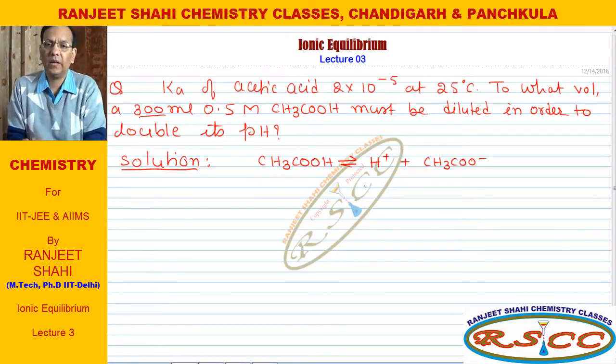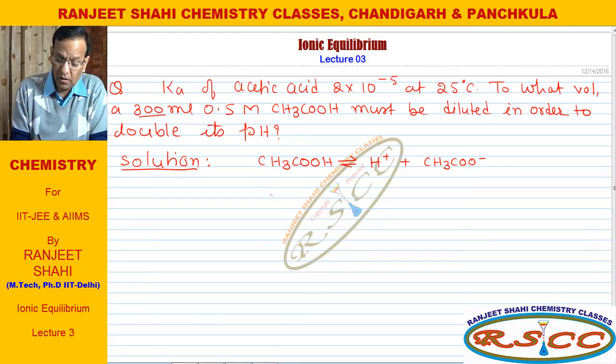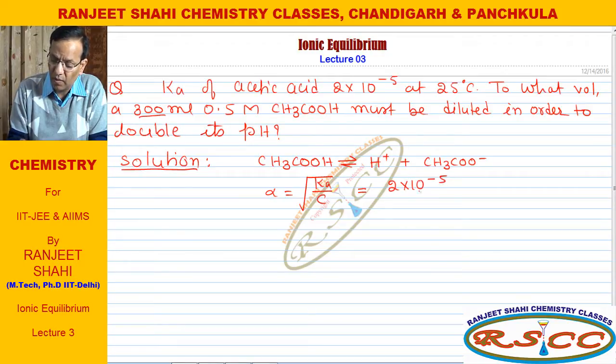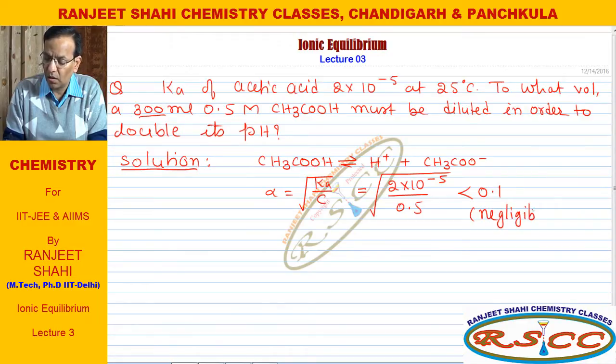If we apply the approximate formula to determine the initial alpha, the alpha will be root under Ka by C. Ka and C are given, so Ka is 2 into 10 raised to the power minus 5 upon C, which is 0.5. So by inspection we can say that the value of this alpha is very small, smaller than 0.1, so it is negligible.